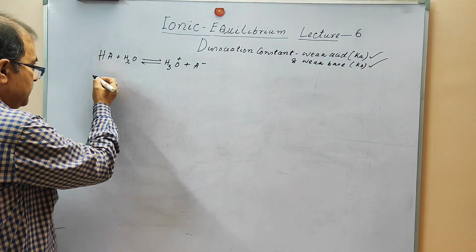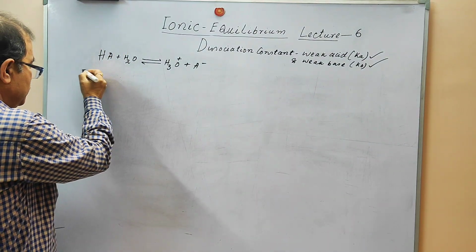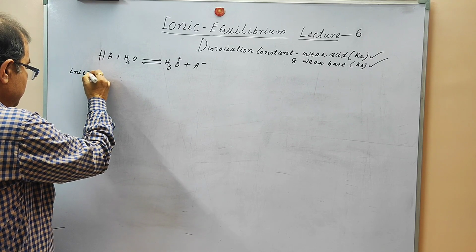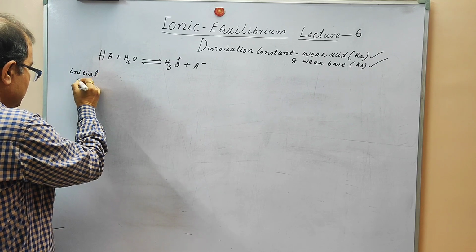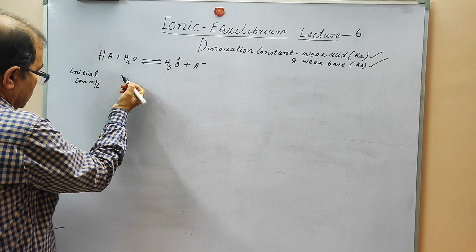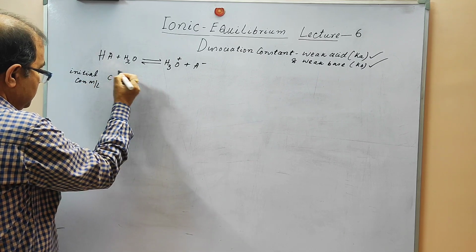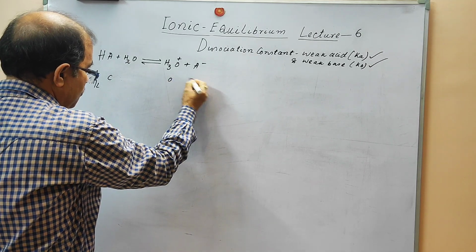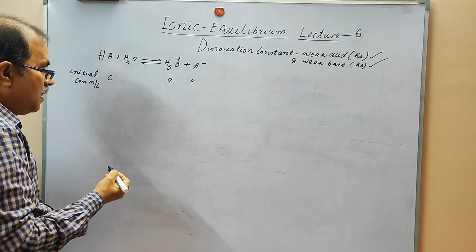So we have taken the initial concentration of this weak acid HA, in moles per liter, as C, and initially there are no ions.